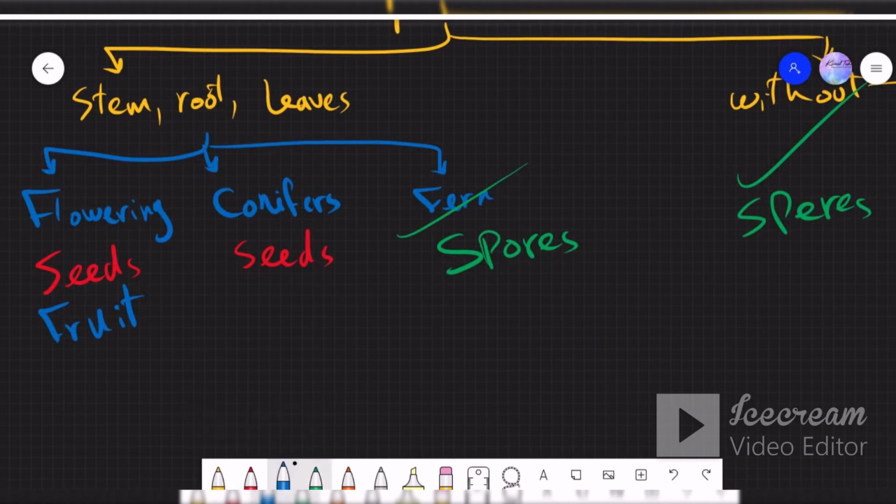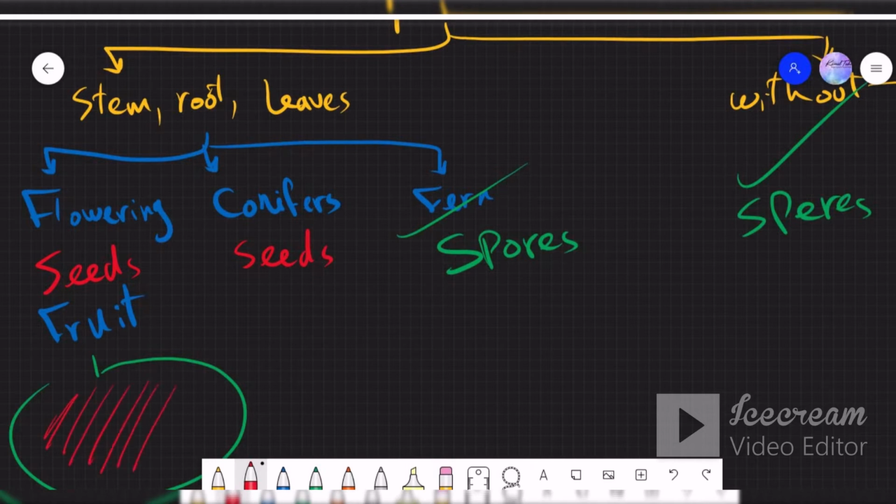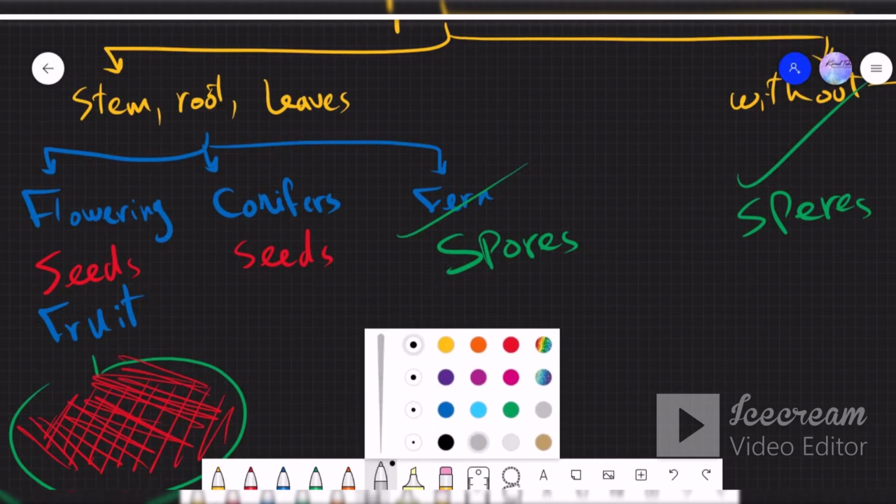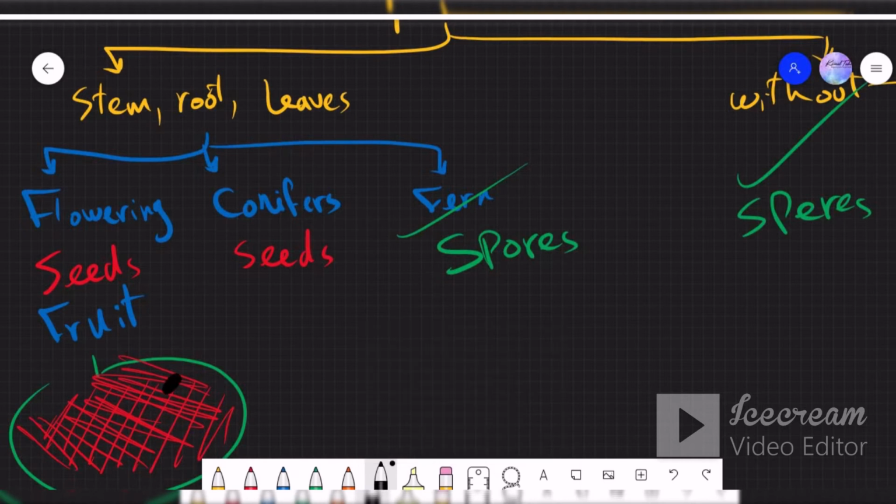If we take the watermelon as an example, you can see that the watermelon is very big and very huge, and inside the watermelon you can see this very fleshy tissue, and inside it we have these black seeds, many small seeds.